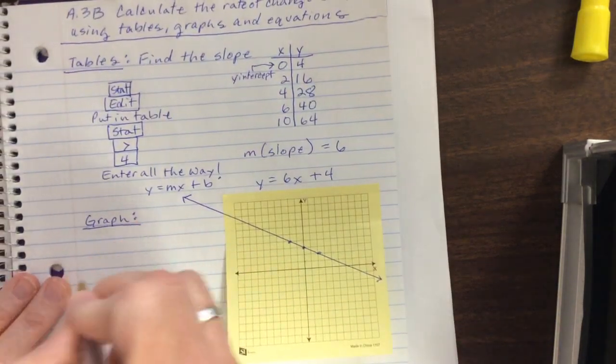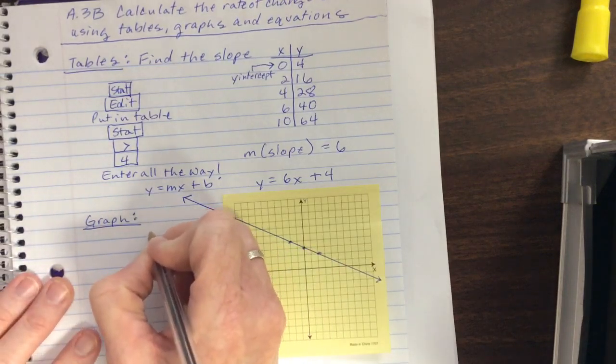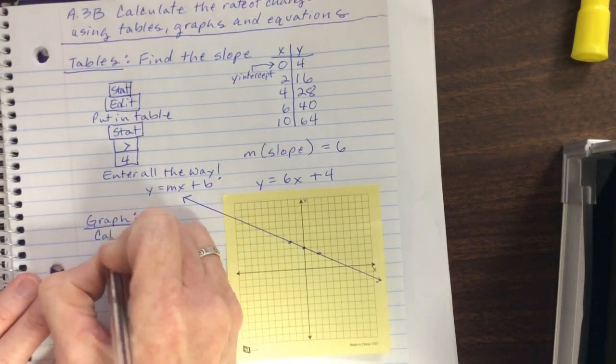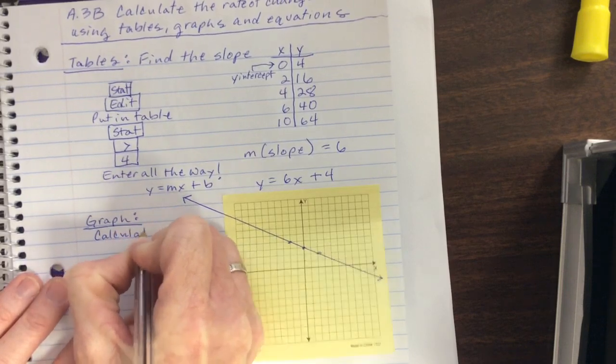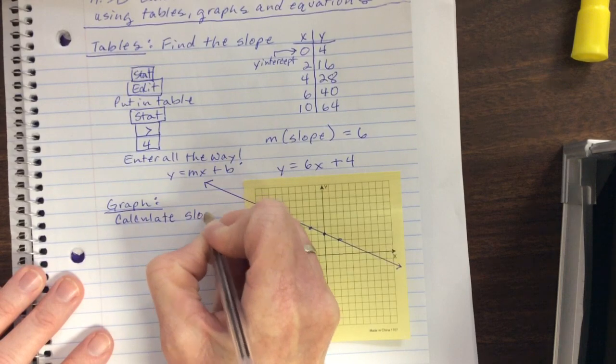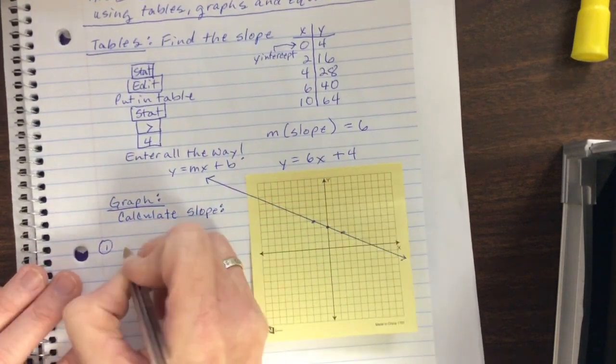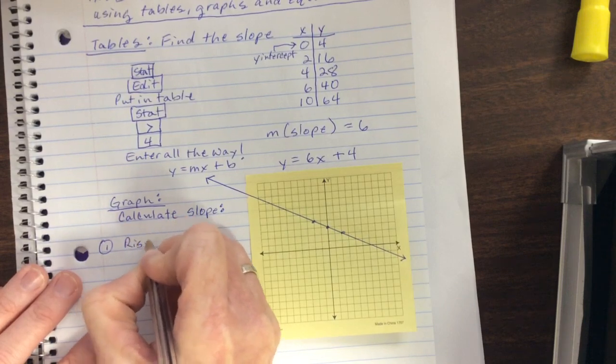So now we're going to calculate the slope. There's two methods. Number one, we can use rise over run.